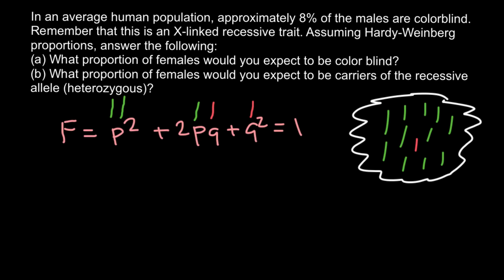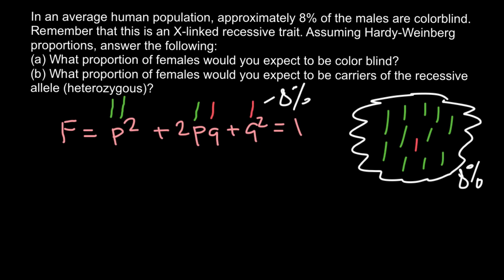Usually, in order to find the frequency of q, we have to take a square root of q squared. But in our example, we don't have to take the square root, because a male is hemizygous, and if 8% of the males are affected with this genetic disorder, that tells us that 8% of the X chromosomes in the gene pool carry this defective allele.